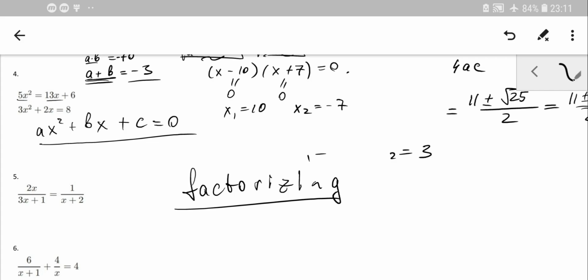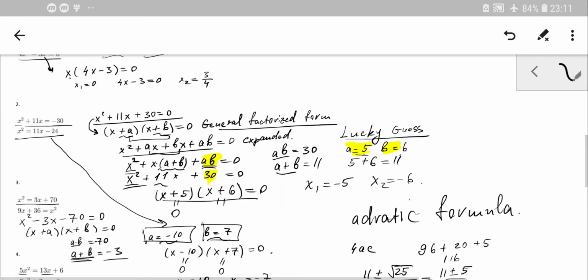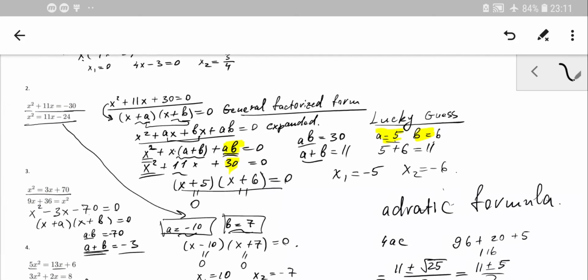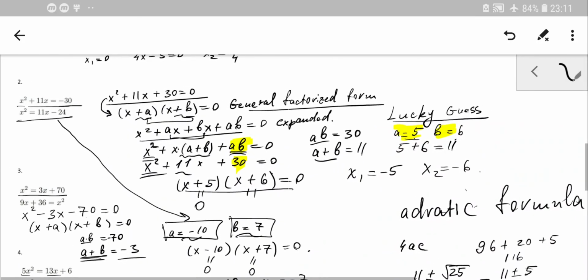Okay, I hope you enjoyed that. However, the factorization methods I decided to combine here and just embed. Maybe it's not quite right, and for that you for sure need a separate video to watch. So I encourage you to watch factorized form, how to do that, how to use several approaches, through the quadratic formula, through the general factorized form, or through splitting the middle term.